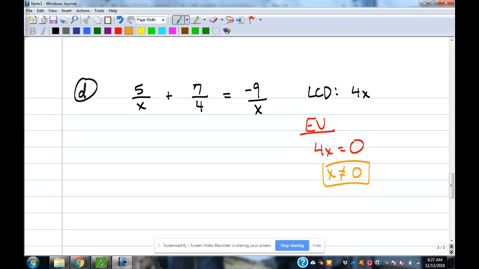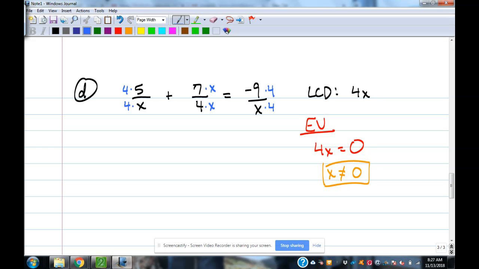Now we take that common denominator and we need to get everybody to have a 4x on the bottom. What does the first fraction need? 4. So the bottom needs a 4. That means the top gets a 4. What does the second fraction need? X. Bottom gets an x, top gets an x. What's the third fraction need? 4. Bottom gets a 4, top gets a 4.